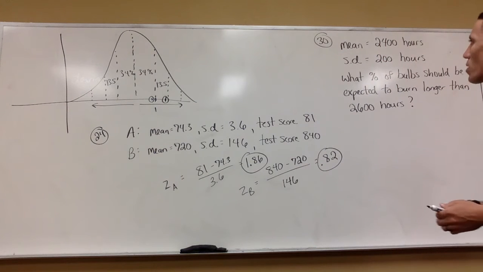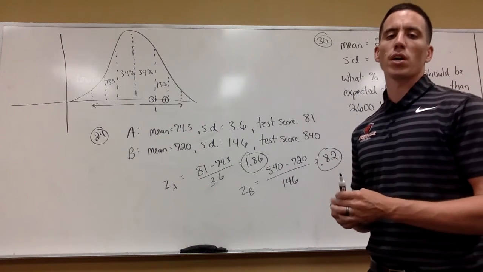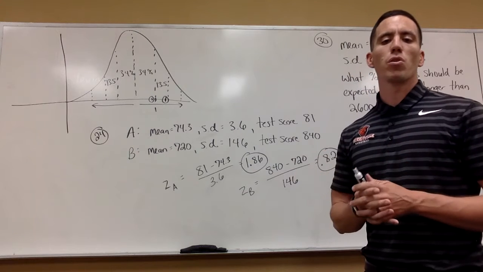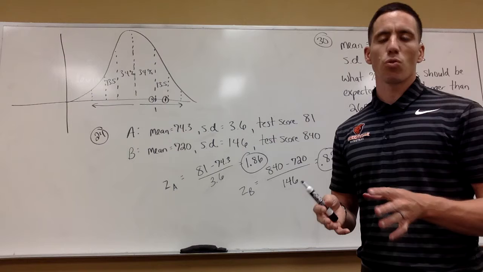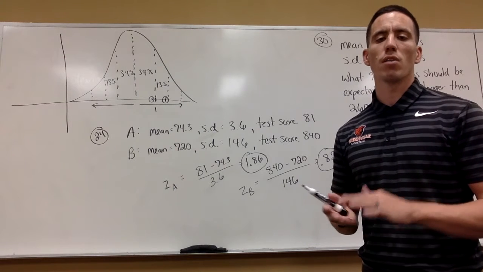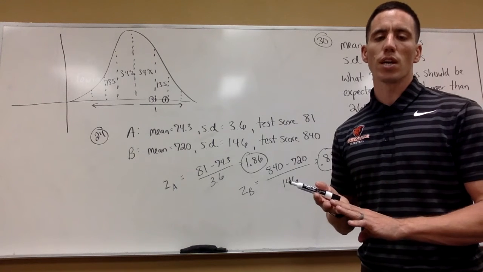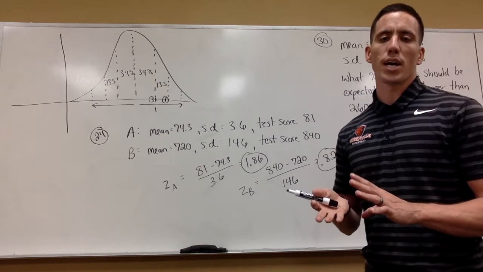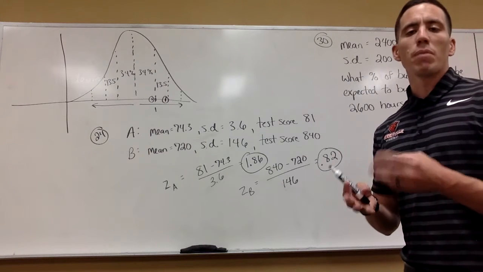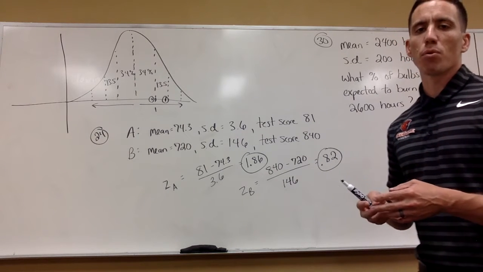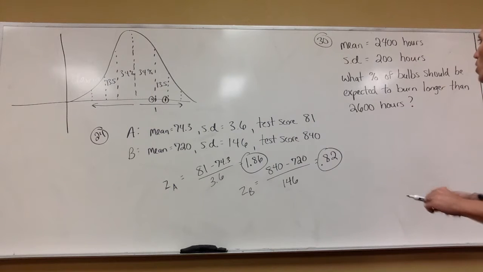The second problem that I want to do is number 30 from the book. 30 is in a real-world context. It's an interesting problem, and hopefully it shows you how you can use the idea of normal distribution and standard deviation in a real-world context. A light manufacturer advertises that the mean life of a light bulb that they produce is 2,400 hours.